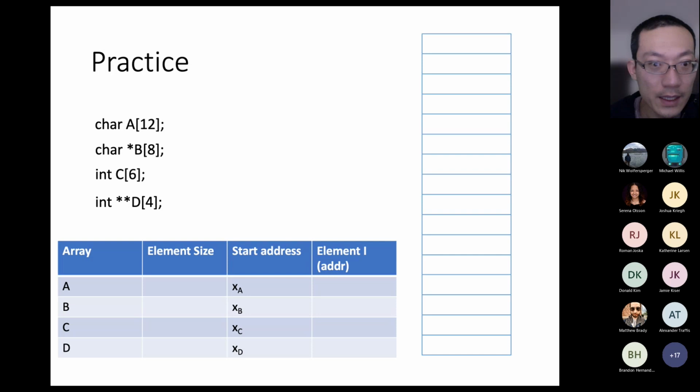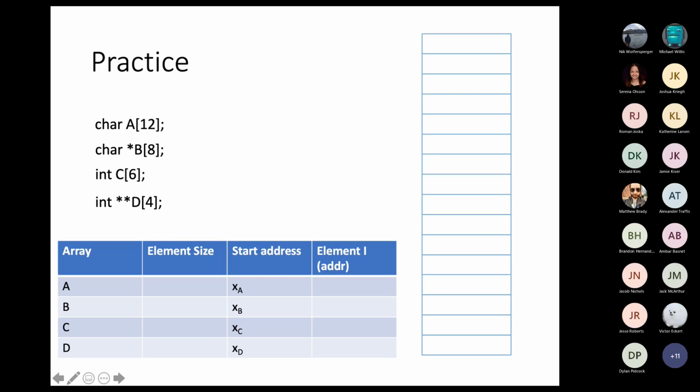Now, let's look at some examples of how we can calculate the address. I will do the first one. I will give you time to look at the second and the rest of the examples. In the first example, we have char A, 12 elements. Let's try to fill out this table.